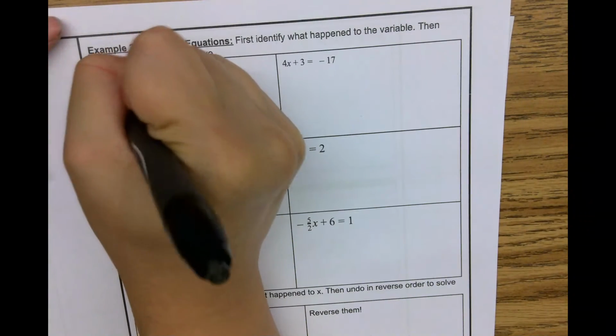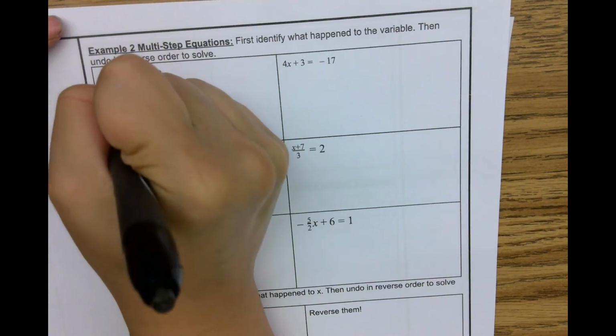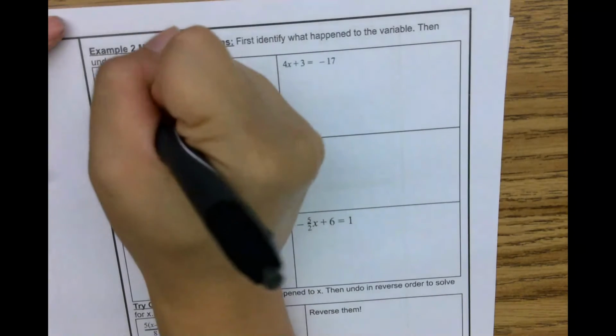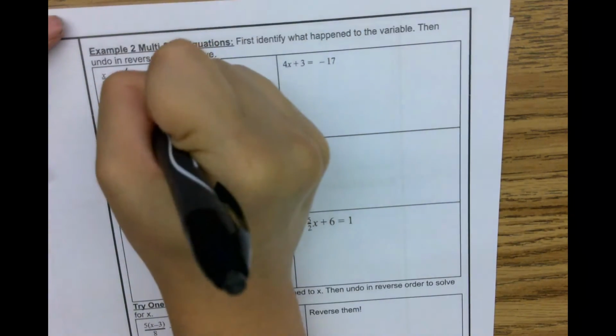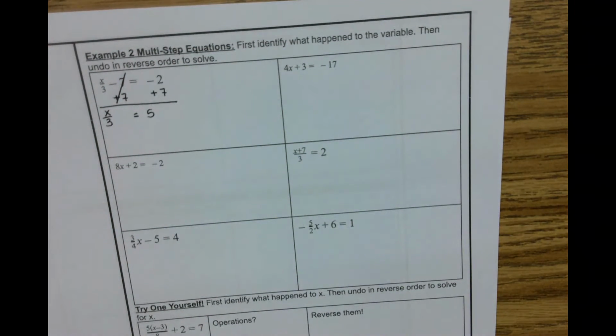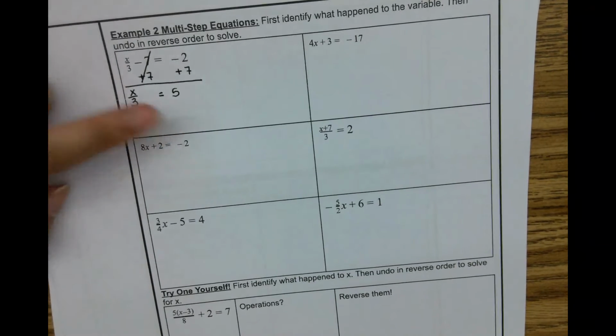Okay, so I'm going to get rid of this minus 7. I'm going to plus 7. Right? This gives me x divided by 3. This negative 7 plus 7 cancels out. And this negative 2 plus 7 gives me 5. Okay. Then now I have x divided by 3 equals 5.